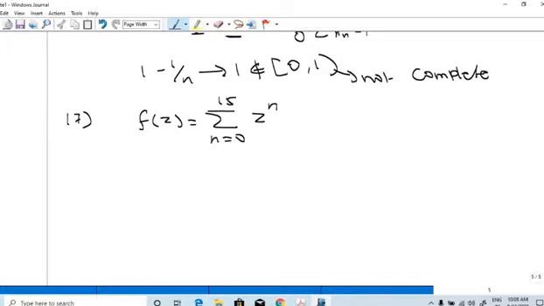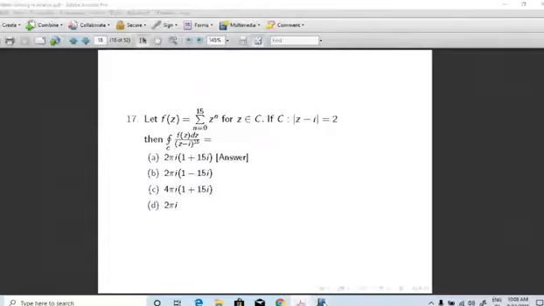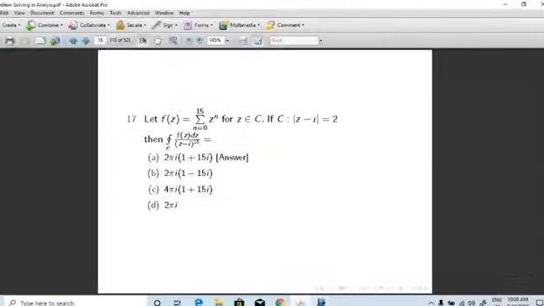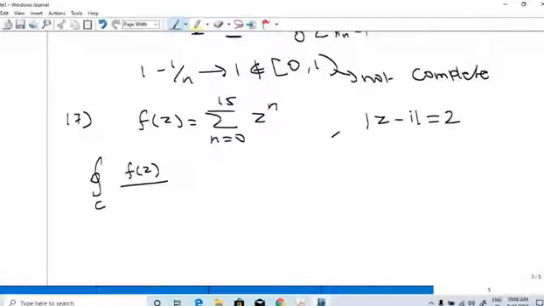Given that, the question is: what is 1 by 2 pi i times the integral over C of f of z by z minus i power 15 dz?